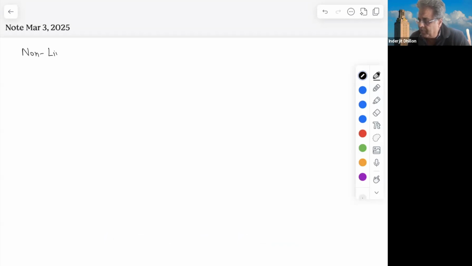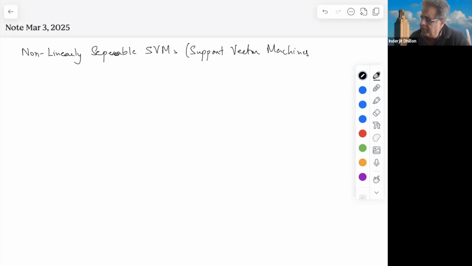So today we'll talk about non-linearly separable SVMs, of course, support vector machines. I'll continue from the material we started last time, and that is going to be a major part of today's lecture.